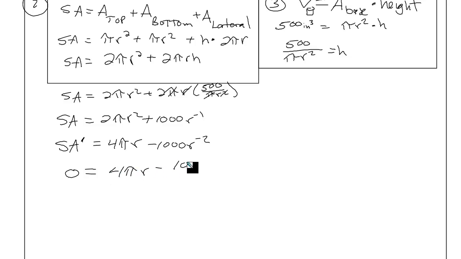If I rewrite this so that it's 1,000 over r squared, that makes a little bit more sense to me. If I want to get rid of my fraction, I can multiply each term by r squared. Here the r squareds cancel. Here 0 times r squared is 0. Here we get 4 pi r cubed minus 1,000.